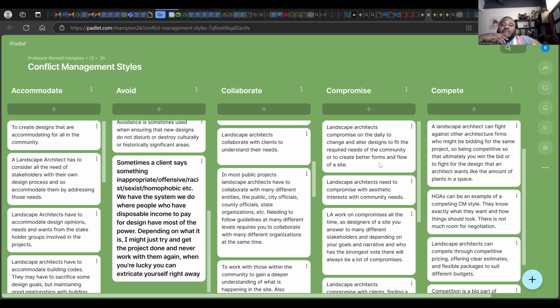And then also when you're thinking of aspects of accommodations, right? We talked about accommodations earlier, but compromising aesthetic for function and form, right?